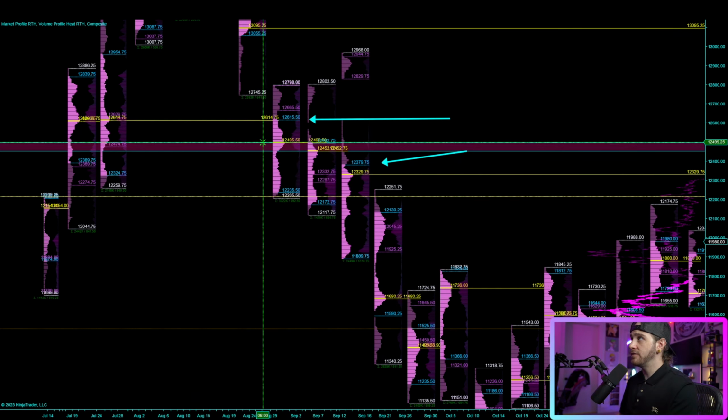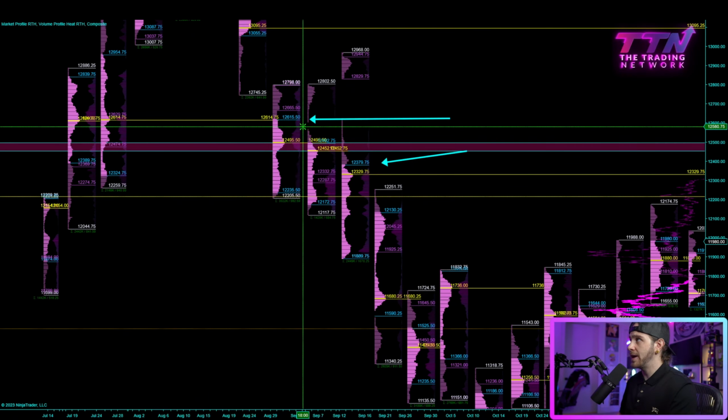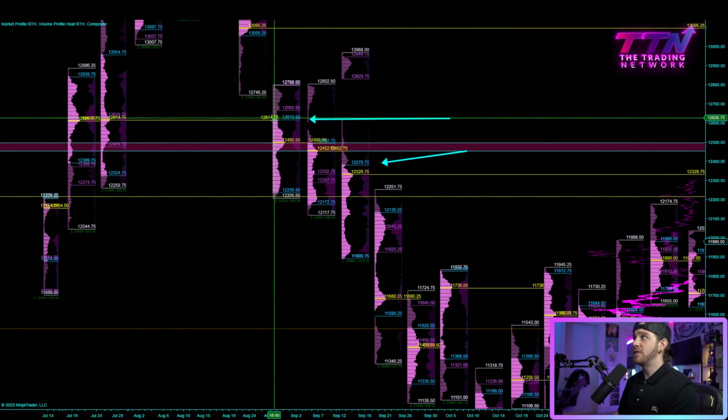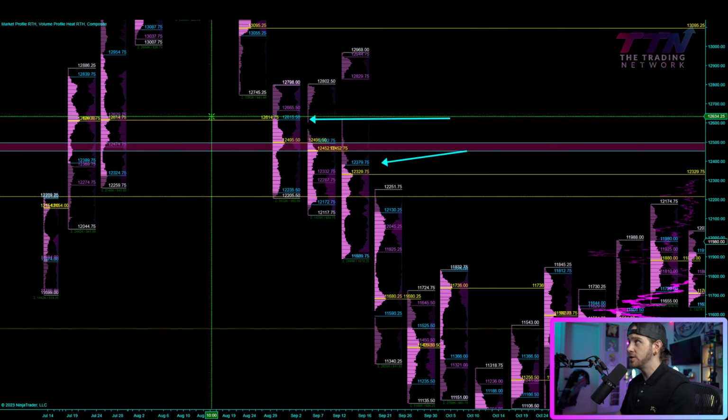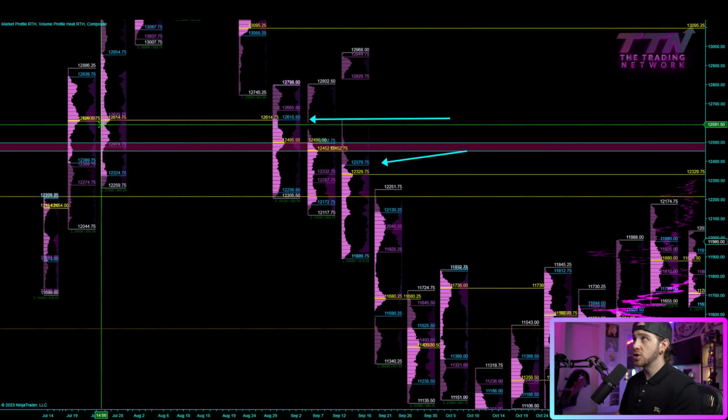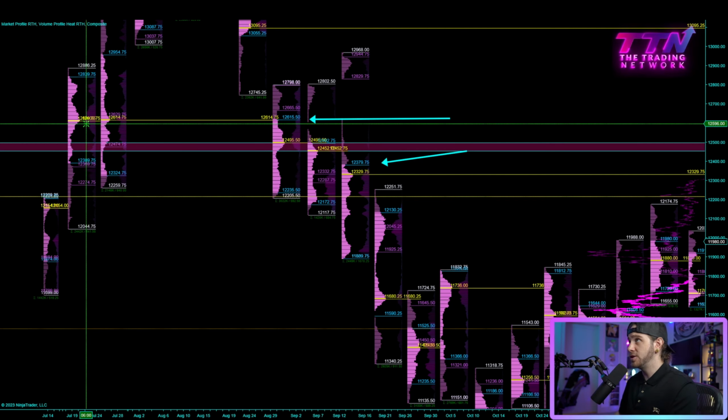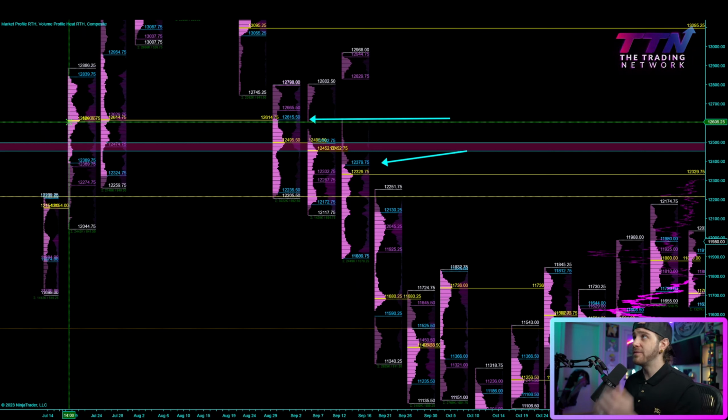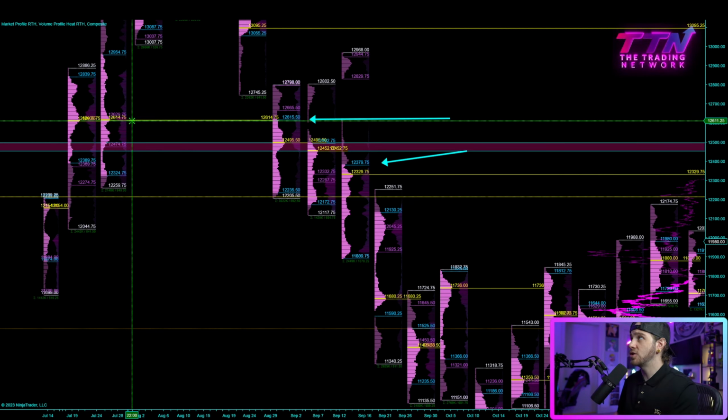Now you can see all of these stacking levels lining up here. We have 12,615. That's the value area high from the weekly profile of August 29th, 22. We have the point of control from the weekly profile of July 25th, 22. And one week before that, we have another weekly point of control from the week of July 18th, right around 12,600, okay?